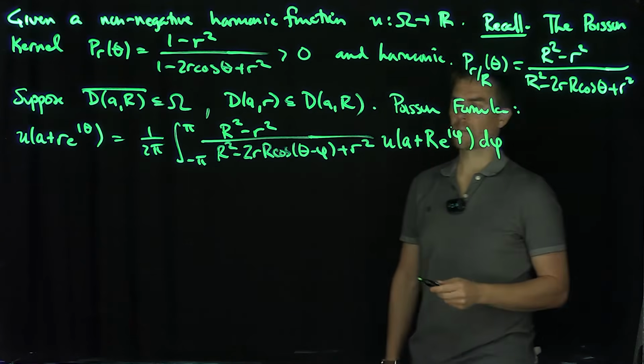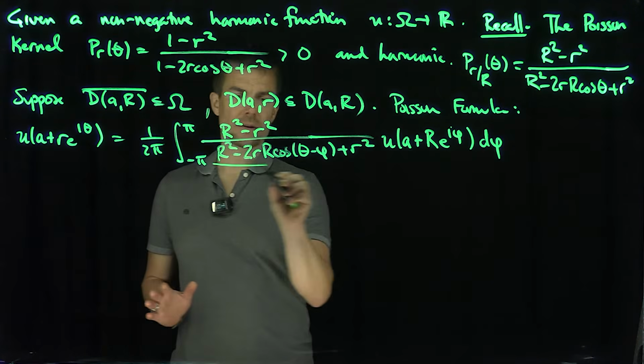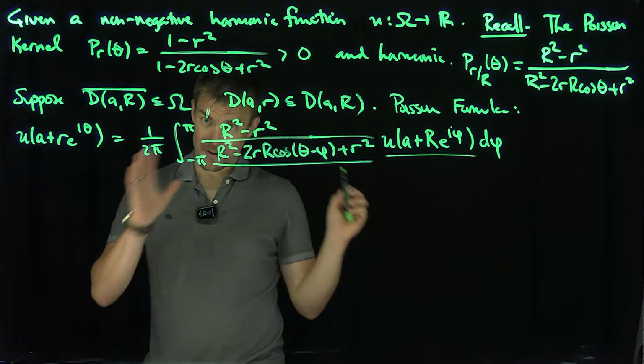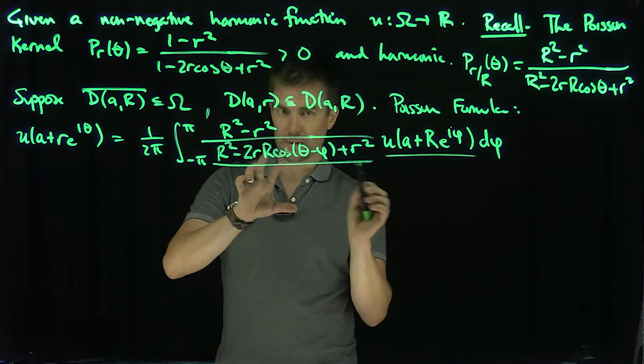Now we're integrating over the boundary. That's the Poisson integral formula. That's a large thing to do. But the whole point here is that this is greater than or equal to 0. This is a positive expression. It could be 0 too, and that's not bad.